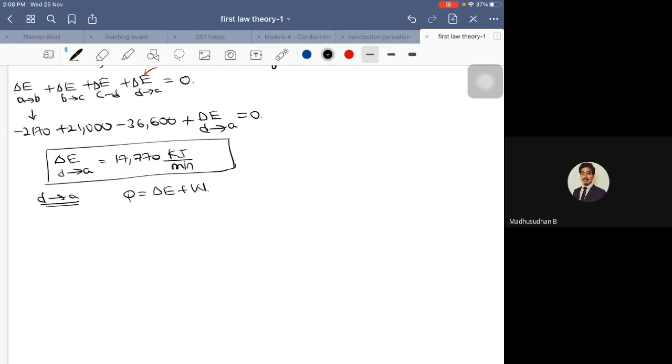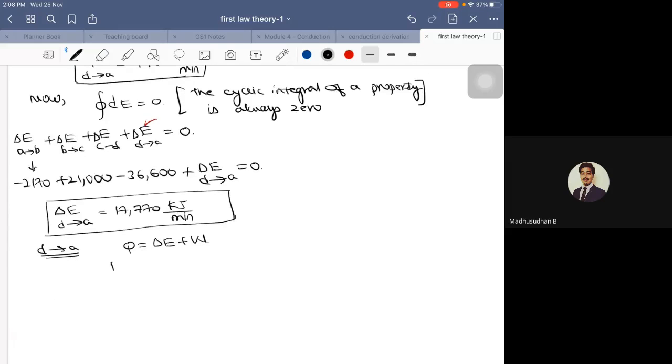Q, you have calculated as 1900. That is equal to delta E from D to A, which is 17,770, plus W D to A. You will just calculate it now. So what is the value?